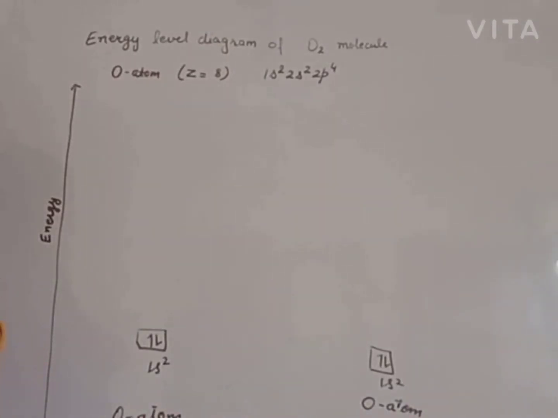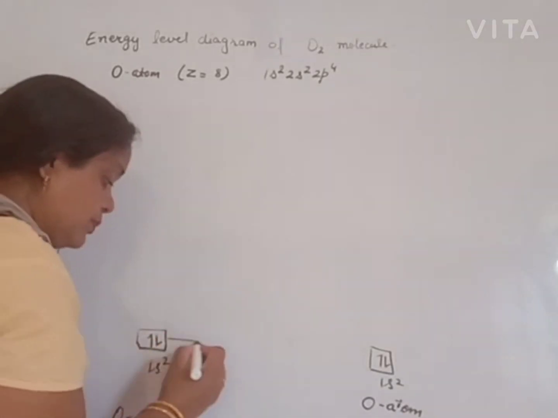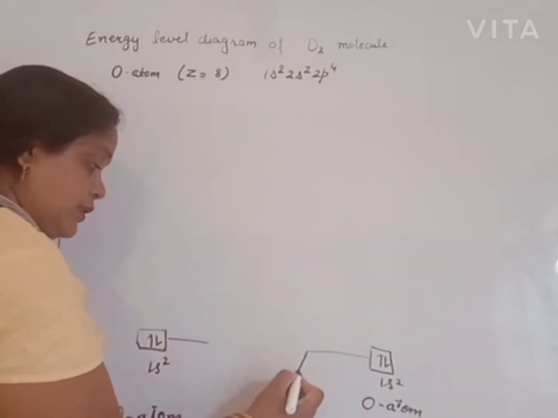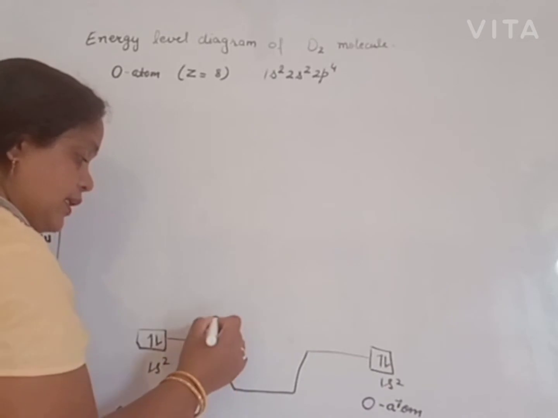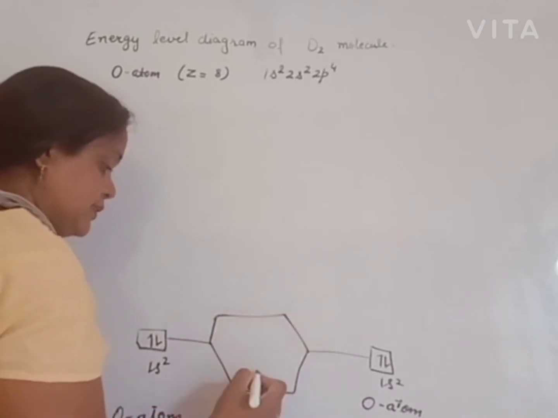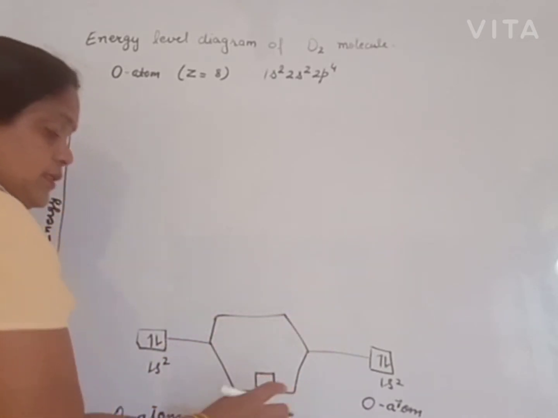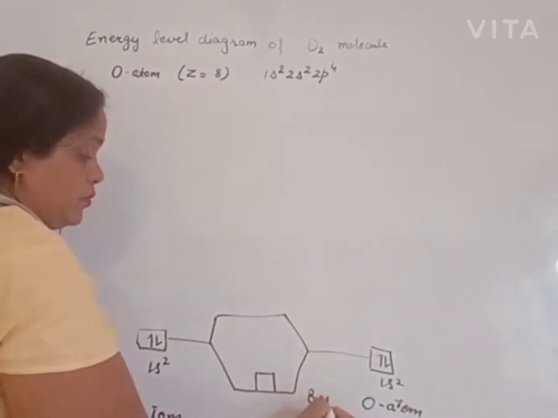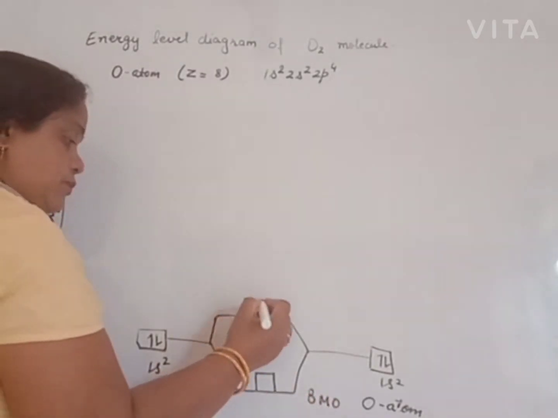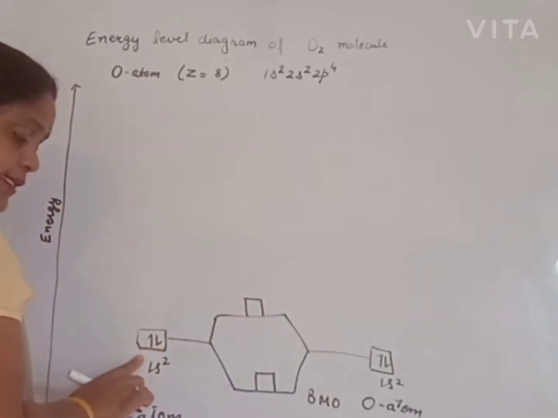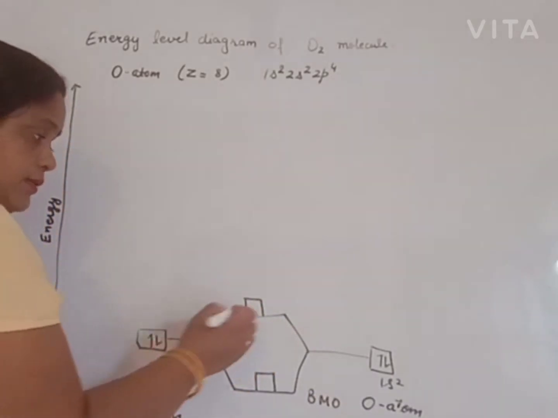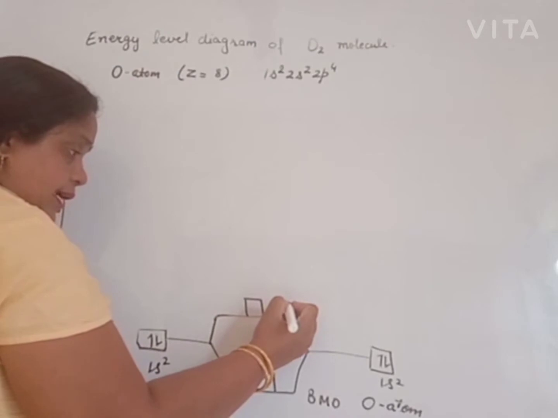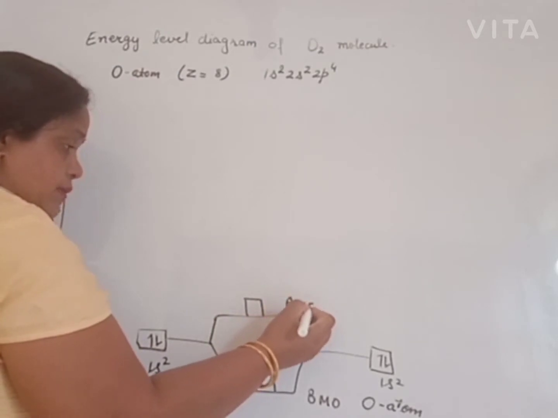When 2 atomic orbitals overlap or combine with each other, 2 new orbitals are formed, one with lower energy, another with higher energy. The orbital formed with lower energy is known as the bonding molecular orbital, and the orbital formed with higher energy than the atomic orbital is known as the antibonding molecular orbital.